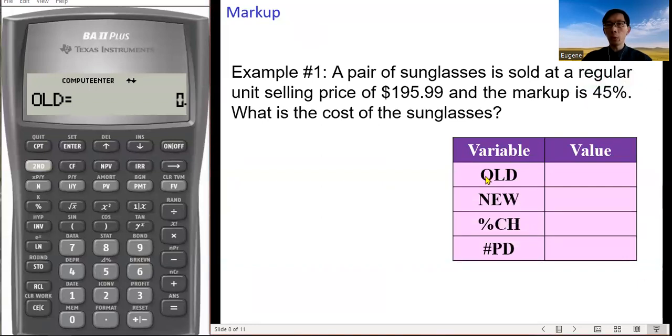The variable old is the cost. We need to compute it. The variable new corresponds to the selling price, which is $195.99. The variable percent change, 45%. We key in 45. The variable PD equals 1.